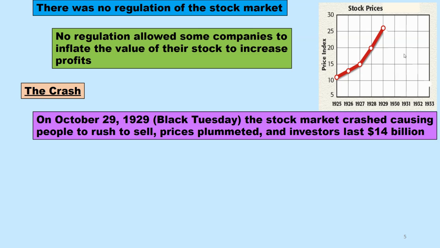As soon as the prices start going down, people rush to sell, which only causes the prices to go down faster. Investors lost $14 billion in one day. Okay. This is just unbelievable for the American economy.